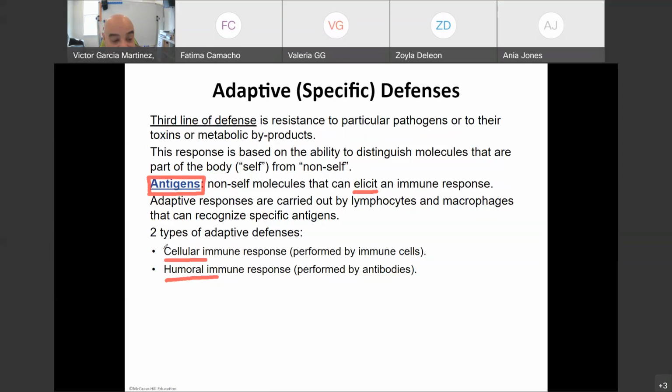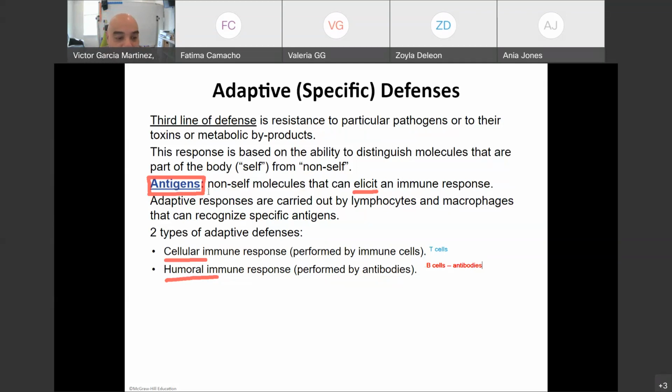By the way, cellular response is because we have T cells, and humoral response is because we have B cells. Humoral is because we are able to produce antibodies. And we're able to attack cells or defend cells because we have T cells.